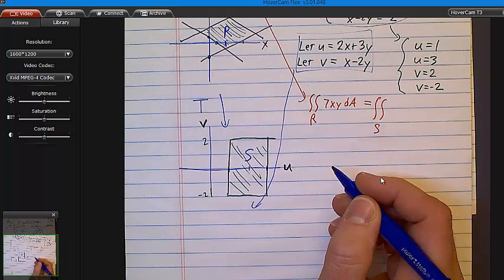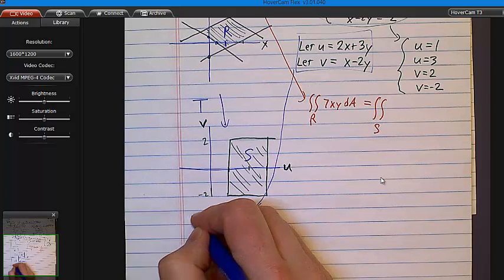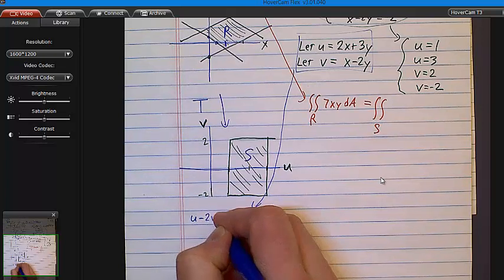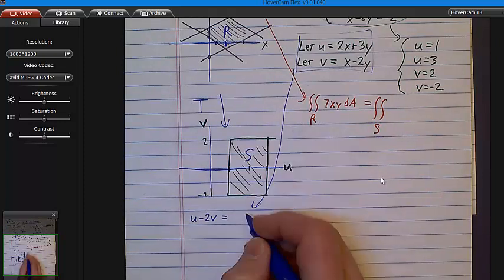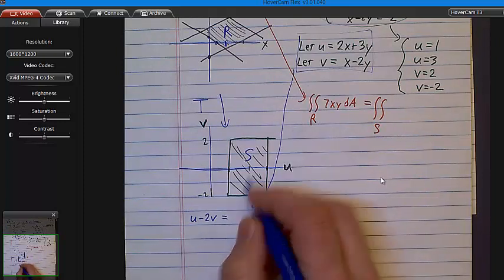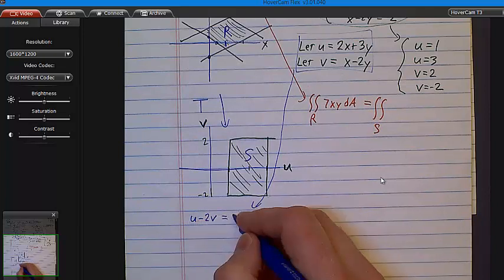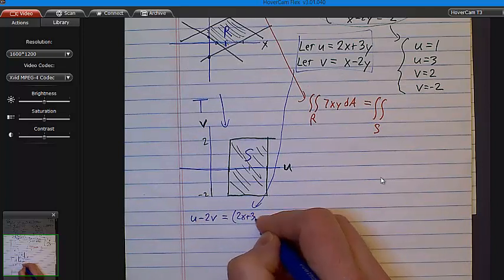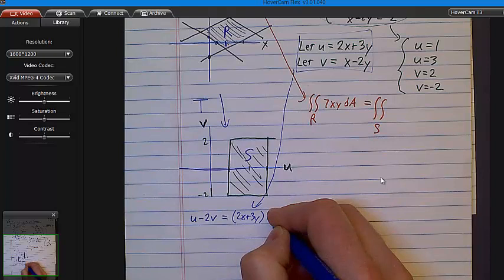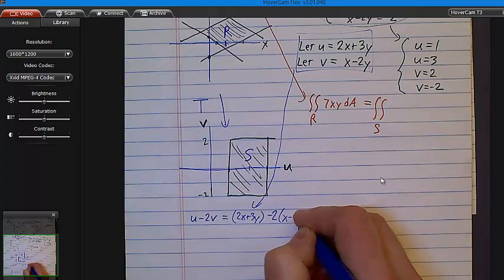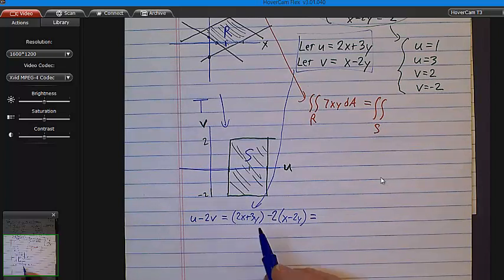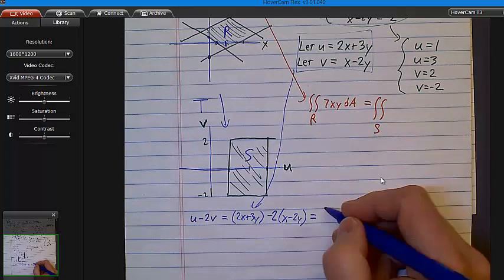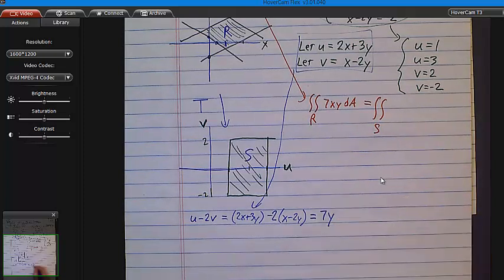You can see that if I do u minus 2v, then the x's will drop out, because u is 2x plus 3y minus 2 of the v's. And so what does this equal? Well, the x's drop out. I get 3y plus 4y. I get 7y. Yeah?